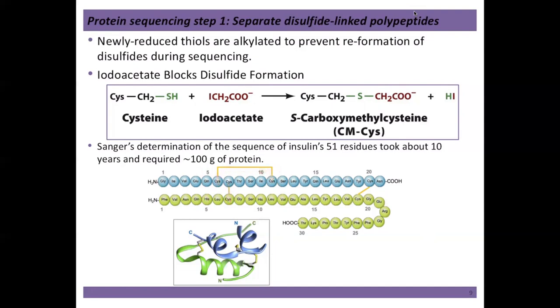So you can imagine this could get complex. But let's just take this little sample down here and say, okay, we cut this here, and we just happen to be able to cut that fragment out. Then we separate it, we sequence that, and we sequence that. We know this one has a cysteine here, and we know this one has a cysteine, so we know those 2 fragments are connected.